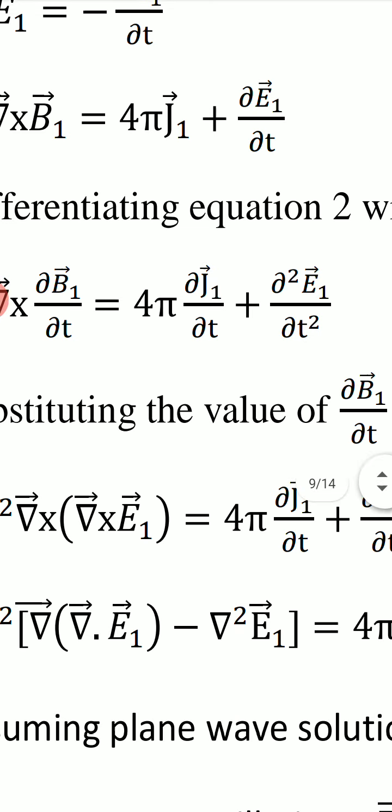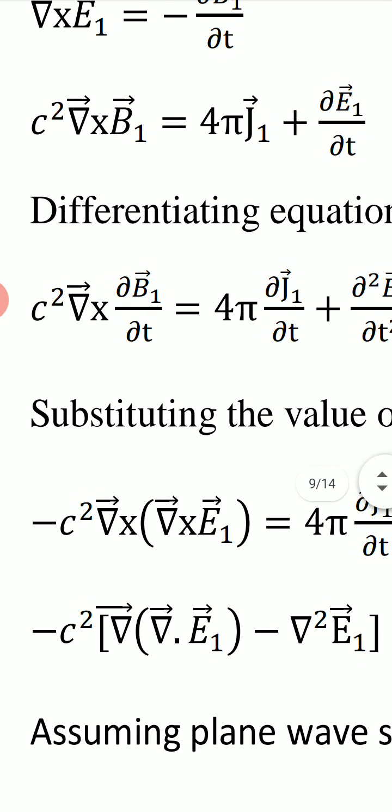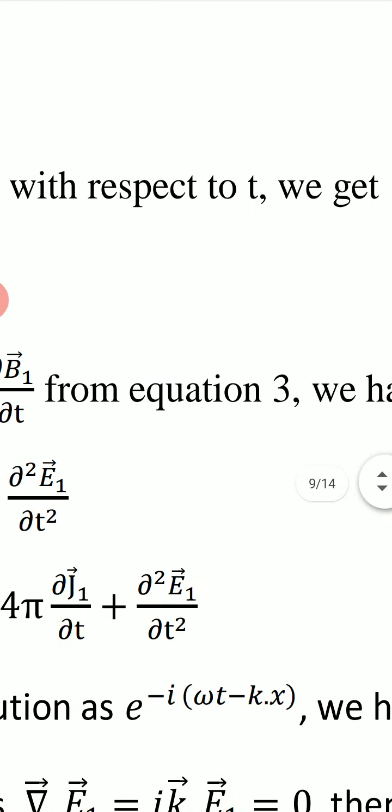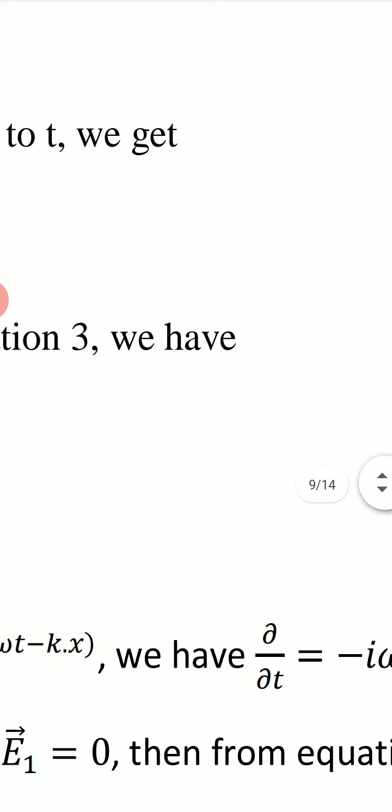So differentiating equation 4 with respect to time t, we get this equation. Write this as equation 5.